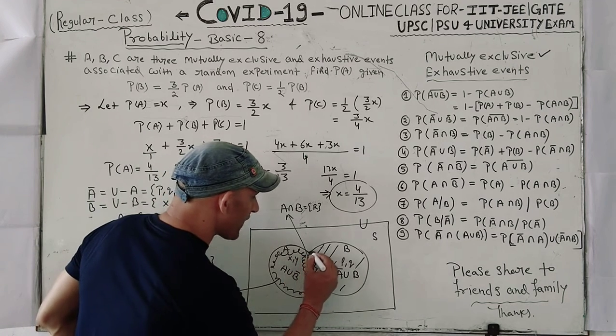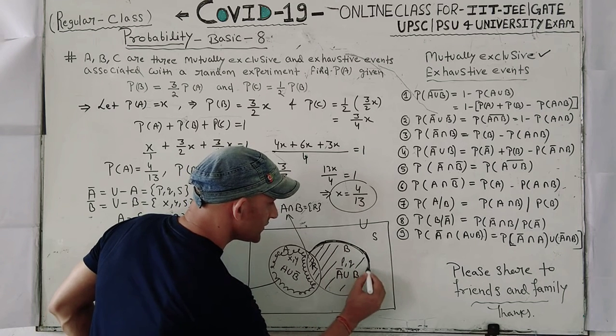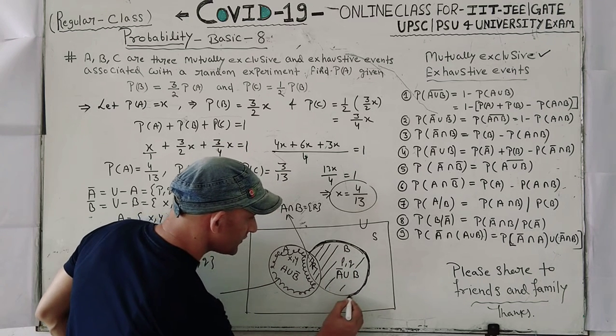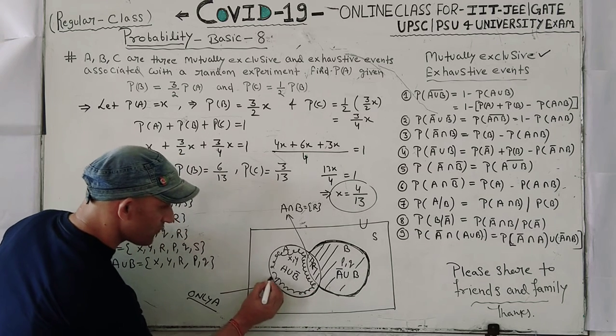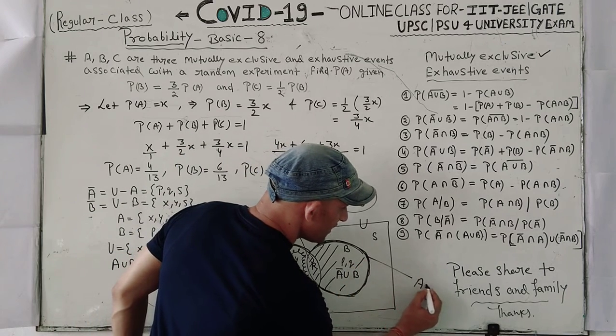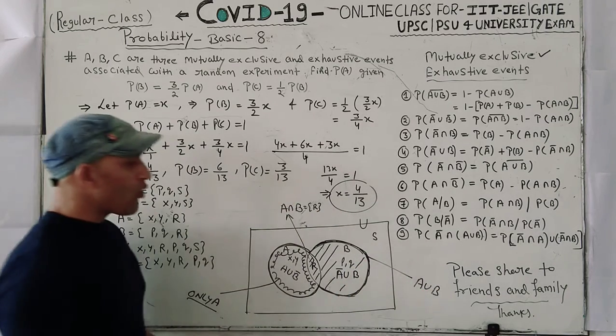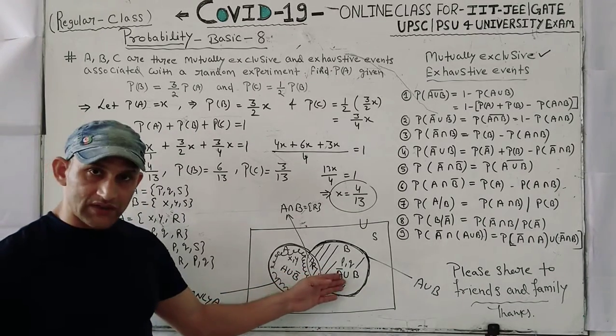And this whole part is A union B. How many people are playing either cricket match or hockey match?